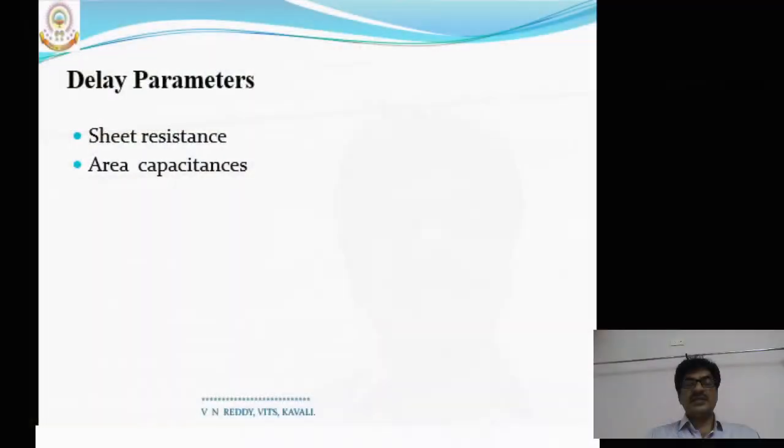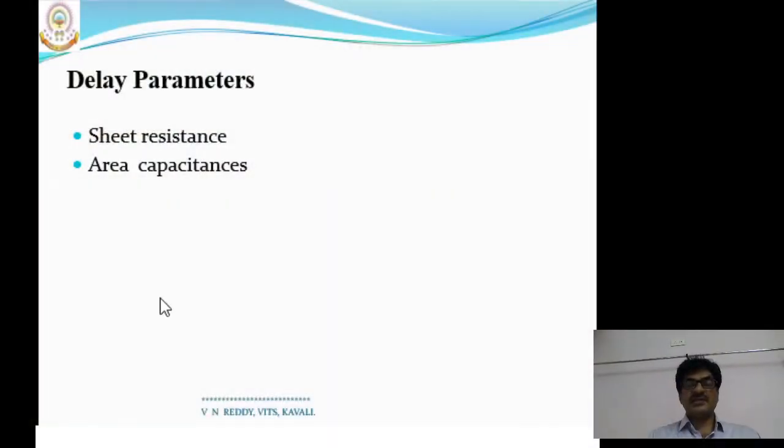So coming to this session, I would like to explain the delay parameters like sheet resistance and area capacitances. Since VLSI circuits consist of MOS transistors and the MOS transistor structure is a layer structure, in order to estimate delay, you need to calculate resistances and capacitances.